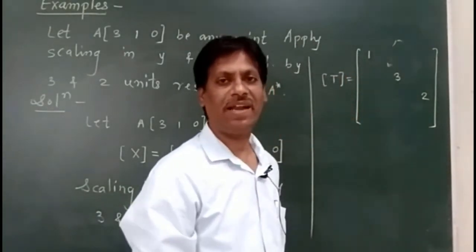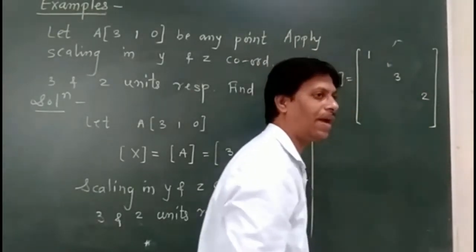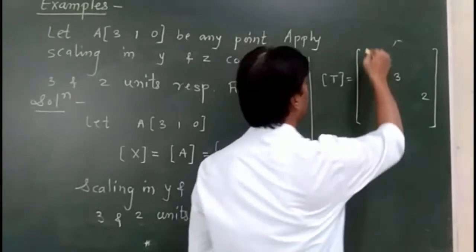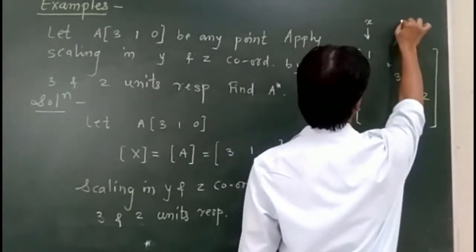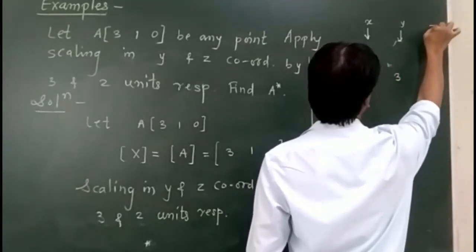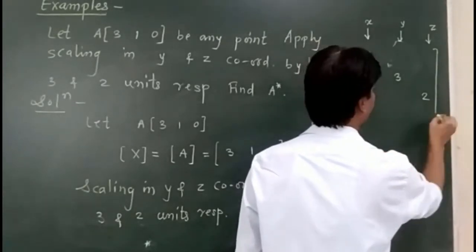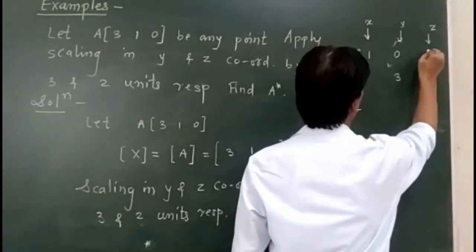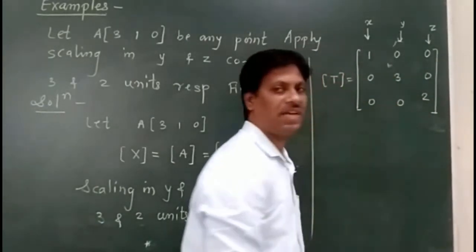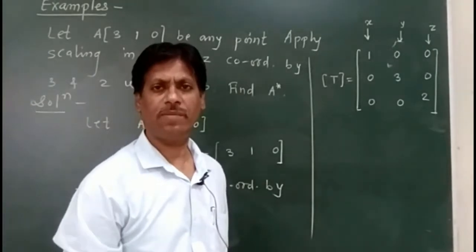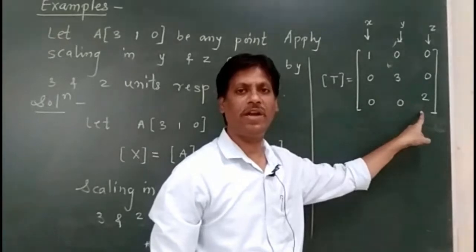So that's why that entry is 1. Then the y diagonal entry is 3 and the z diagonal entry, that means the third diagonal entry, is 2, because the first column represents the x column, the second represents the y column, and the third column represents the z column. Okay, and the rest of all entries are what? The rest of all entries are 0. So all the non-diagonal entries are 0. So this is our 3 by 3 scaling transformation matrix in y coordinate by 3 units and in z coordinate by 2 units.